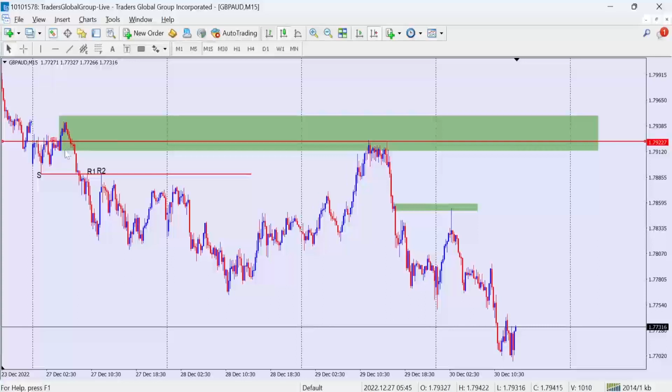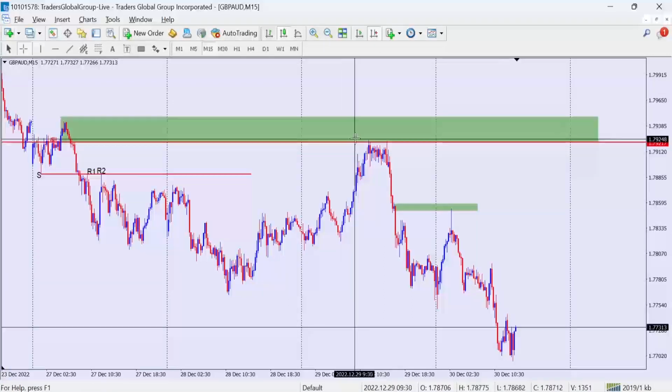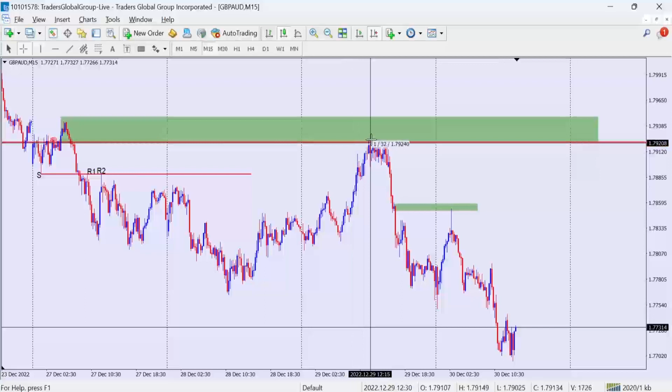So our entry point will be 179,217, which will float around 3 pips and reward 200 pips.